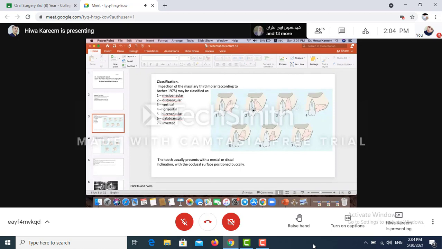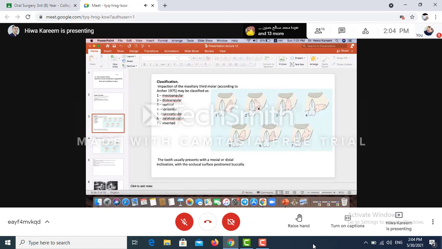Second, disto-angular. The crown is inclined distally. Disto-angular classification.